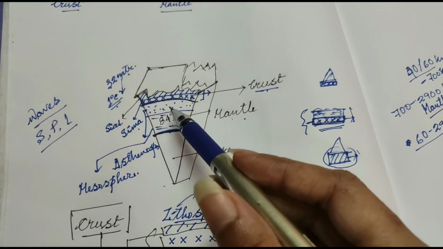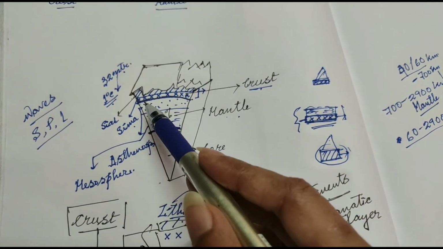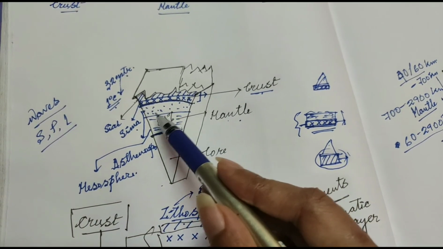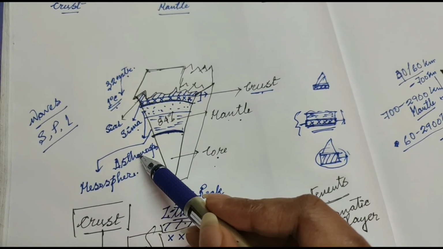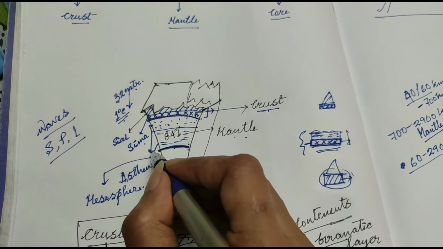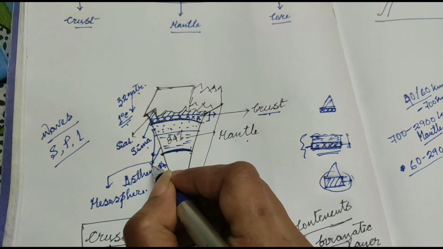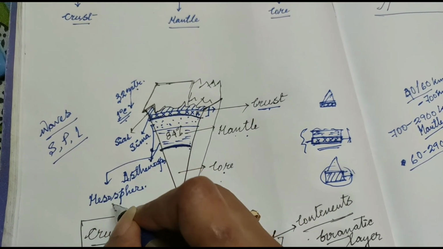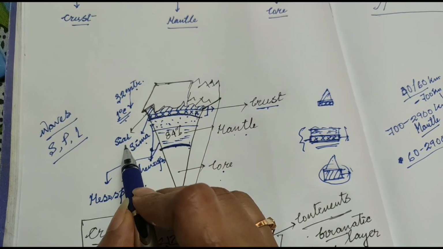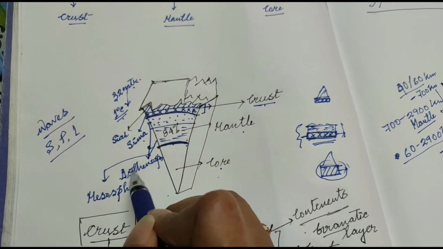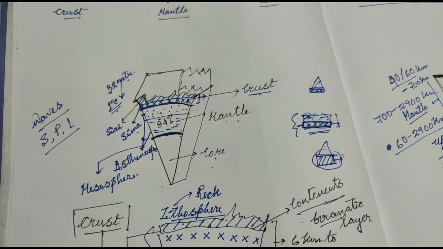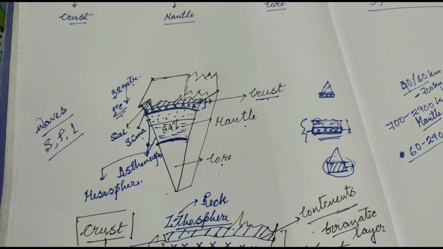So there are two parts I have already written: the upper part of the mantle is the asthenosphere, and the mesosphere is the lower portion. So: crust, Sial, Sima, mantle, asthenosphere, mesosphere. Next will be the core.